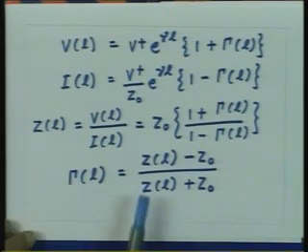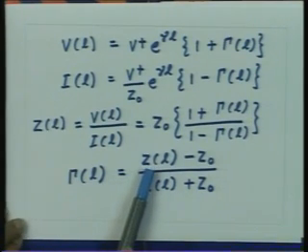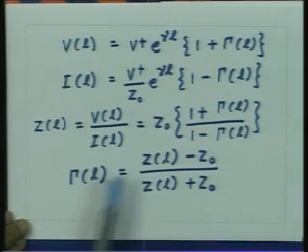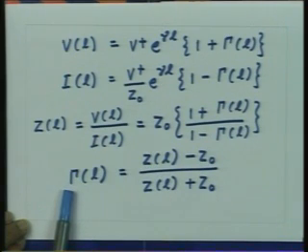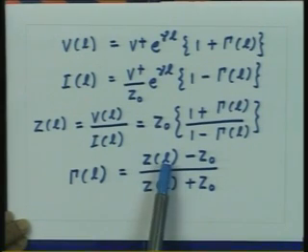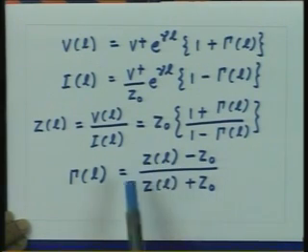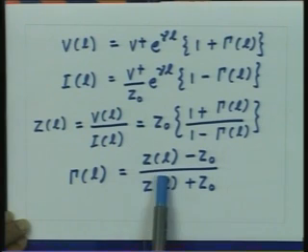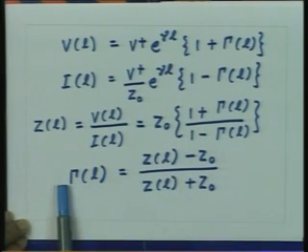So, in fact, the impedance at any point on the transmission line and the reflection coefficient at that location have a 1-to-1 relationship. So, if I know the reflection coefficient at that location, I can find out what is the impedance at that point, and if I know what is the impedance at that point, I can calculate what is the reflection coefficient at that point.